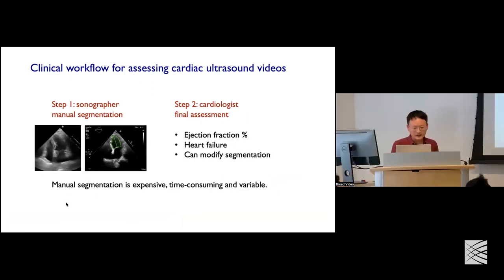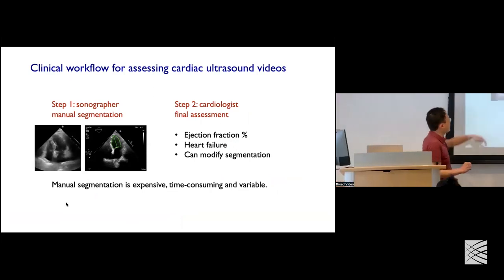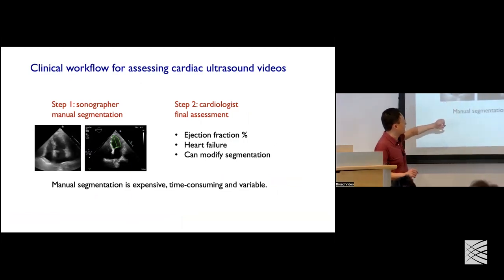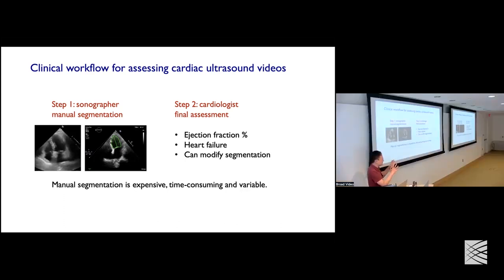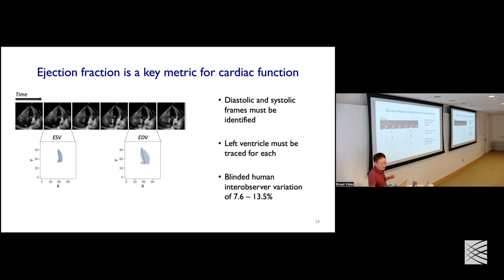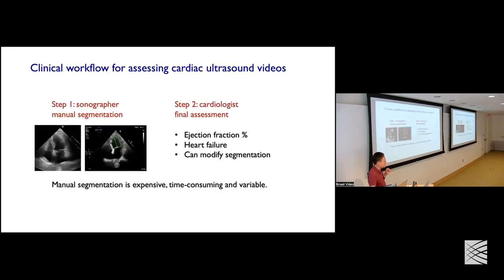Yeah. So the sonographer is basically the person who does the initial segmentations, right? And often she's just looking at an individual frame to take out the largest and the smallest within that individual beat. Then she would do these two segmentations, like the ones we see here, and does the initial tracings to estimate the ejection fraction. And then the standard clinical workflow is that the cardiologist would do a final check.